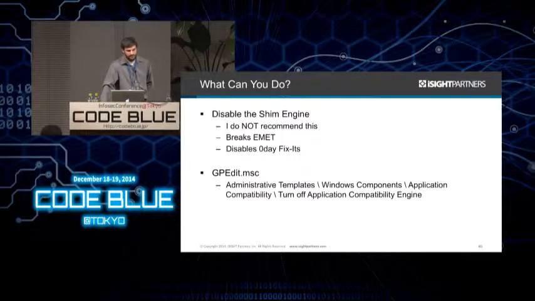So if you disable this, you disable the good, and you disable the bad. So I think there's better gains from having it in your system. So I don't recommend disabling it. If you did want to disable it, I provide the path there to do that through the group policy editor.